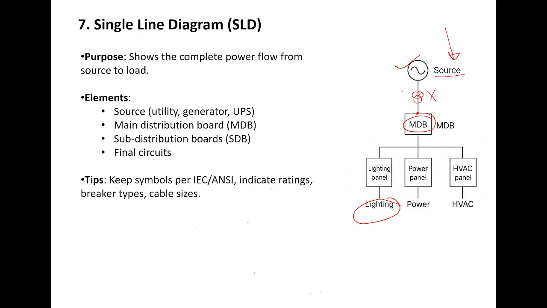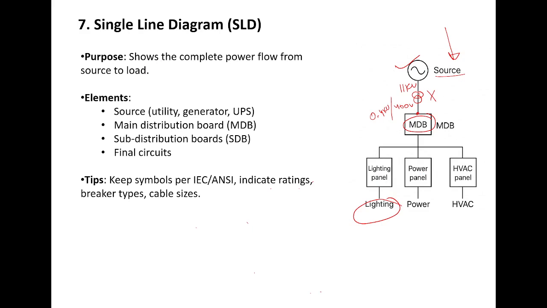If they are supplying you at 11 kV, you will step down that voltage from 11 kV to 400 volt or 0.4 kV. Then after getting the supply, you will distribute as per your requirement: lighting panel, power panel, HVAC panel, mechanical panel, or any other panel. So this is a single line diagram.